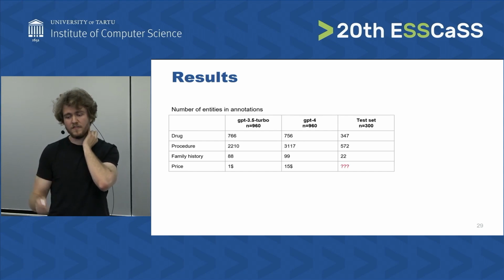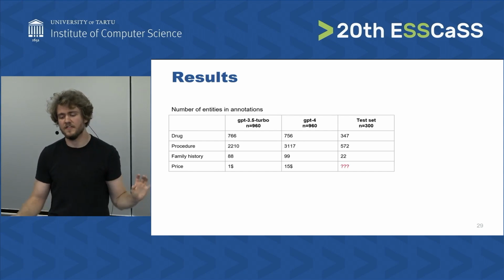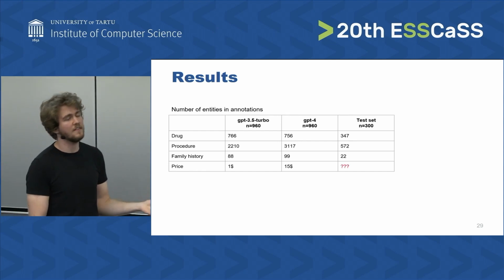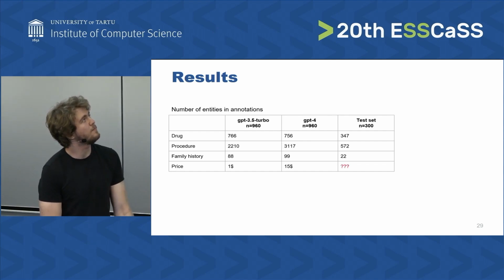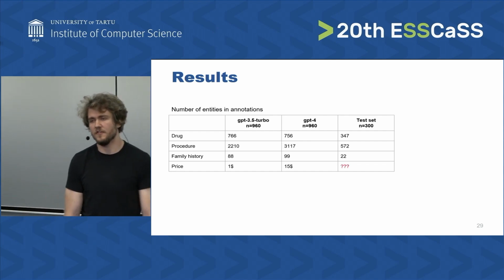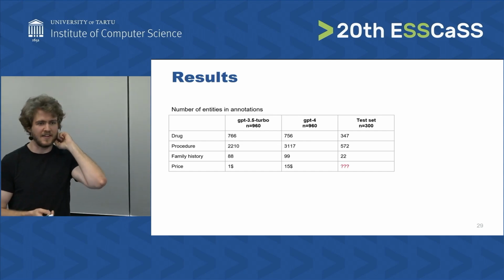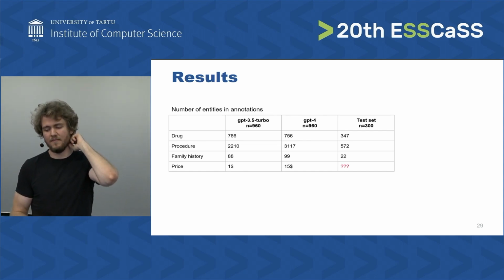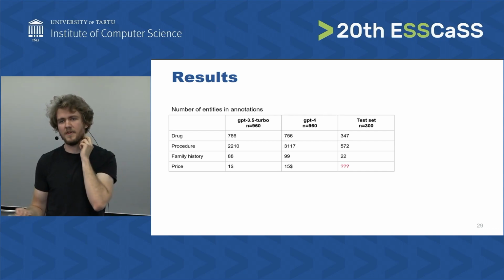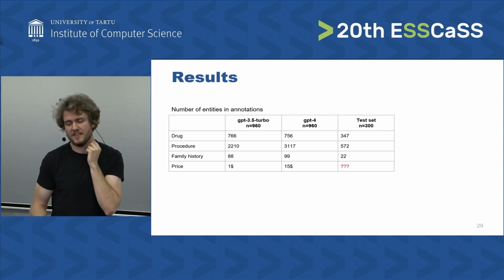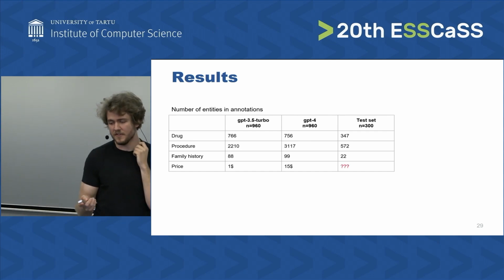So we were pretty much left with drug and procedure. And the cost of about 1,000 annotated texts with the GPT 3.5 was about $1, which is virtually nothing. With the GPT 4, it was $15, so somewhat considerable already. And one really interesting aspect to think about here is obviously we didn't measure it, but the humans have a price for annotating data as well, at least if you're not a student.